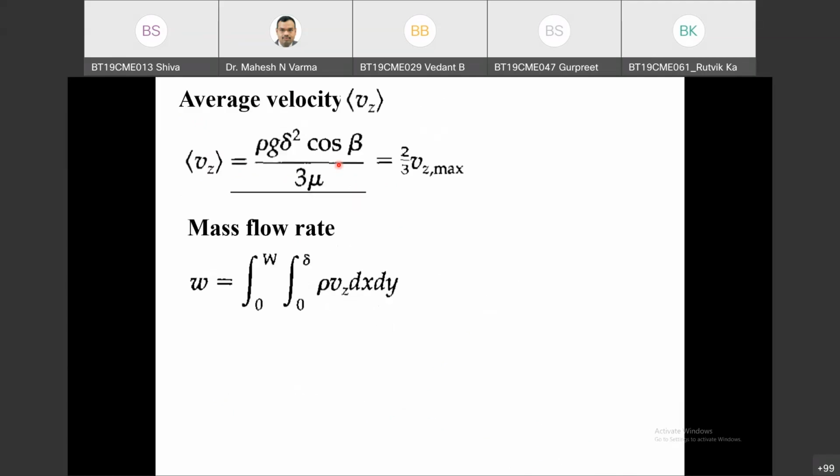So now, the mass flow rate. How to get the mass flow rate? Roll number 80, Shravani. So, mass flow rate.